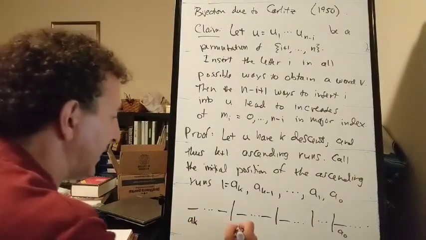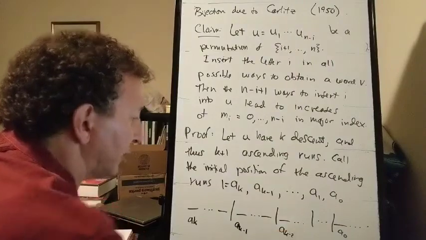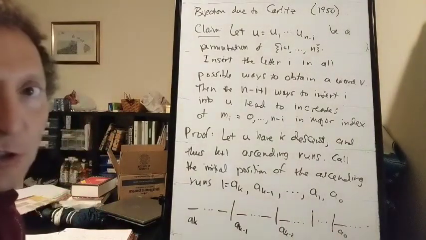So this will be AK, AK minus 1, AK minus 2, etc. So those are names of the first position in each ascending run.